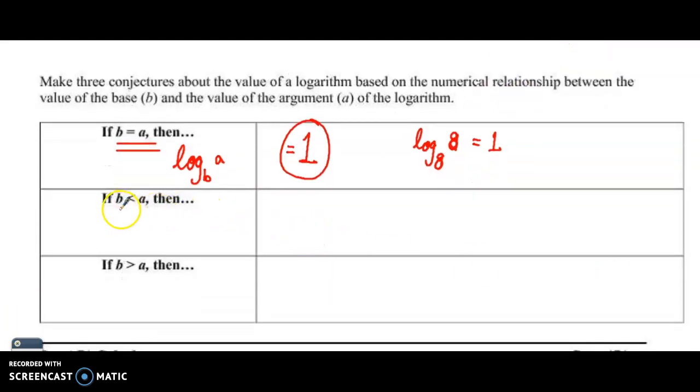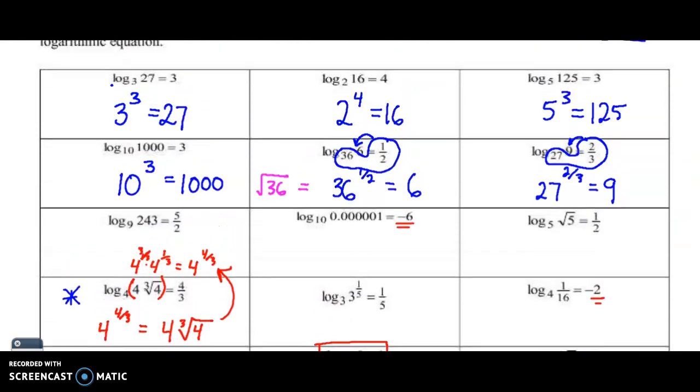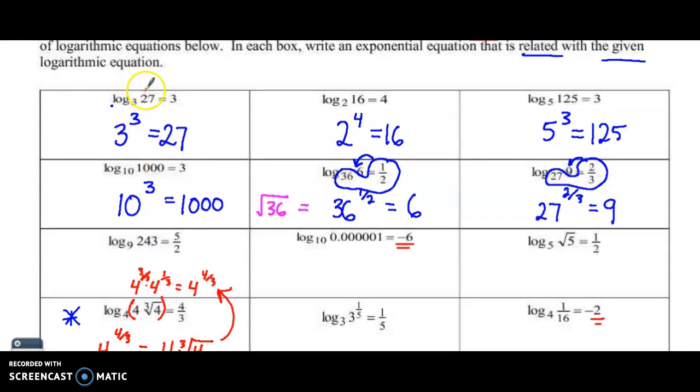In the next one, the b is the base, the a is the argument that we've been talking about. If the base is smaller than the argument, let's go back up to our several examples and find where the base is smaller than the argument. Well, this one, the base is larger, and we got a positive answer there.